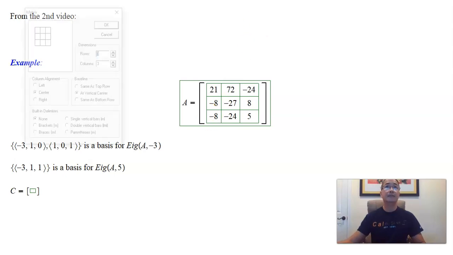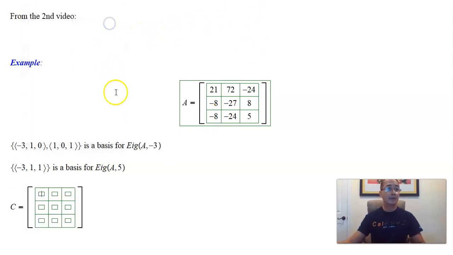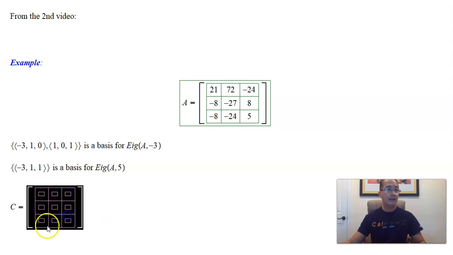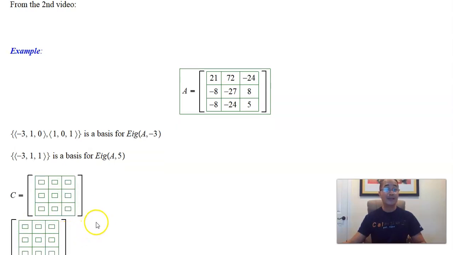So let's confirm with a 3 by 3 matrix. Let me save one because we're going to make a diagonal matrix. So C will be -3, 1, 0, 1, 0, 1. And then for 5, we have -3, 1, 1.